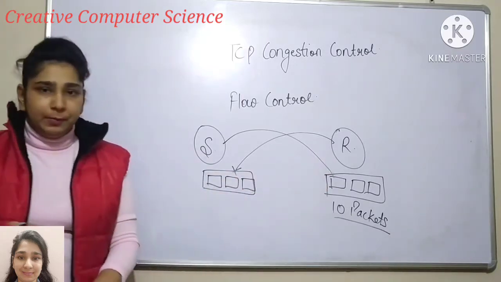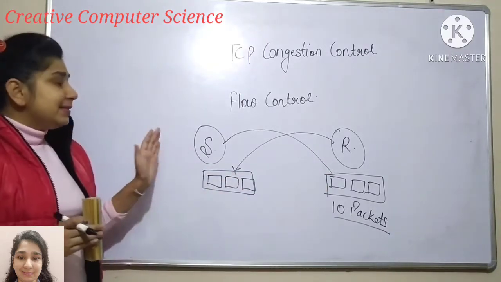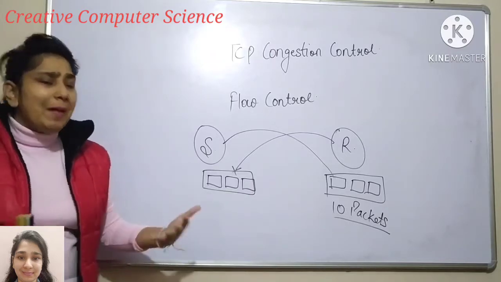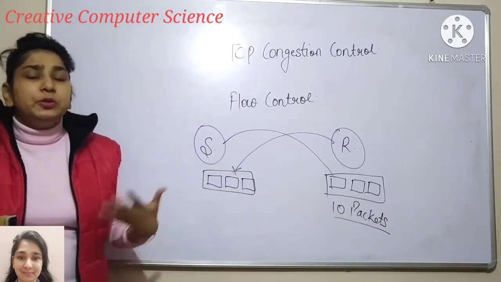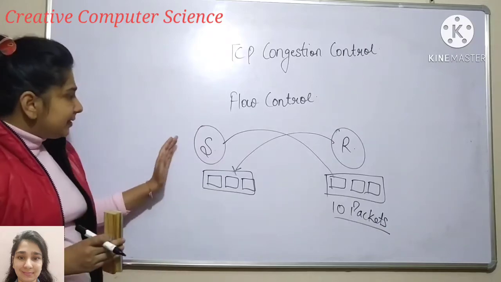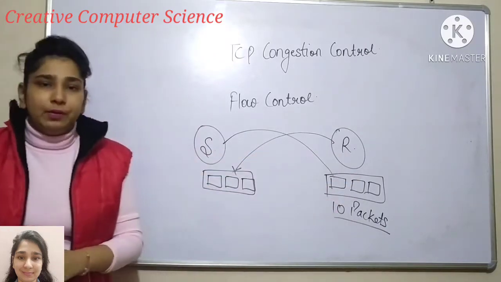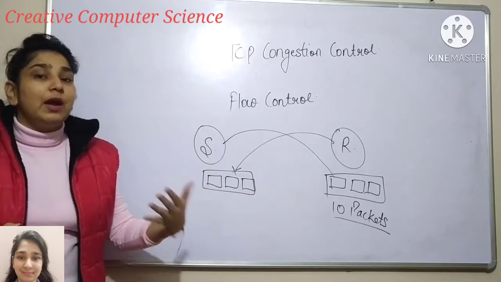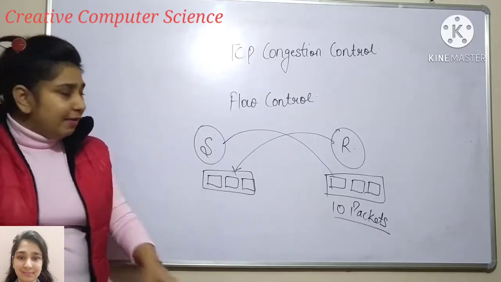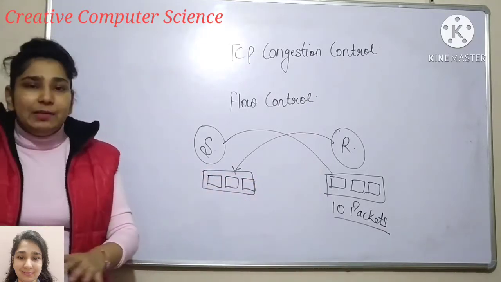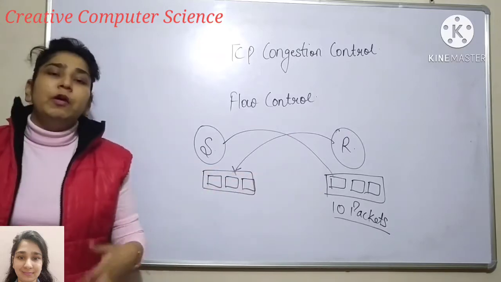And the sender is sending too many packets, like 20 to 30 packets, continuously one after another. But we have space for only 10 packets in the receiver buffer.